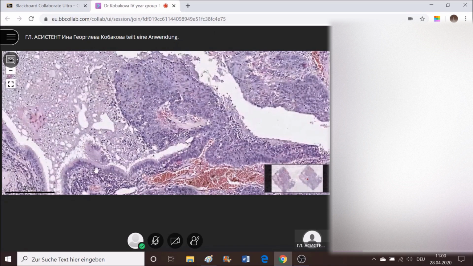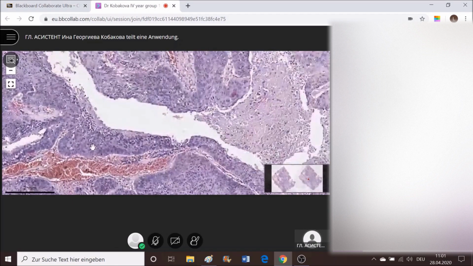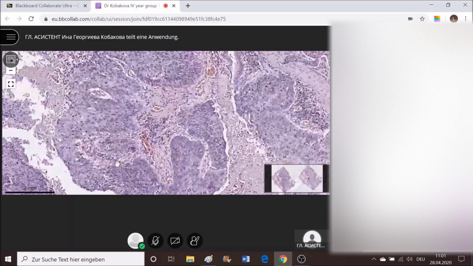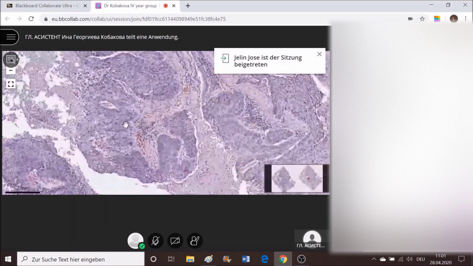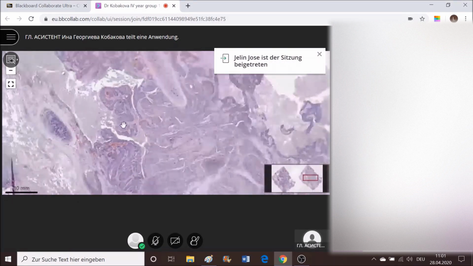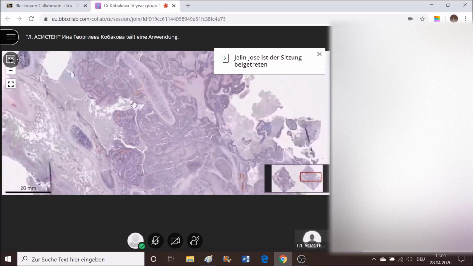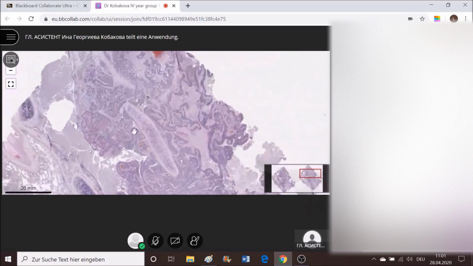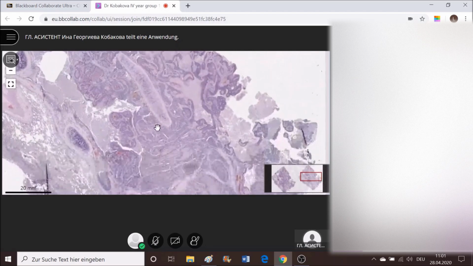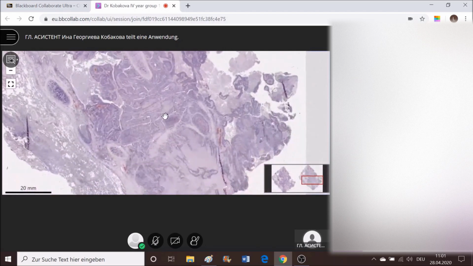Take a look at the respiratory epithelium and where the squamous cells start to grow, forming this plastic field with centrally positioned keratin, and further developing into squamous cell carcinoma. So we can exactly observe where the tumor started from. It started from a bronchus, from squamous metaplasia in a bronchus.